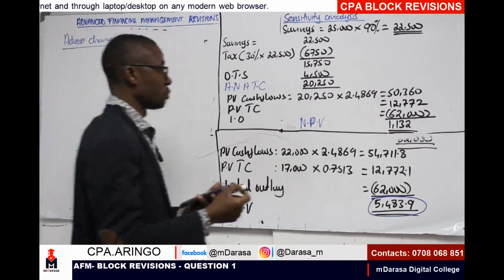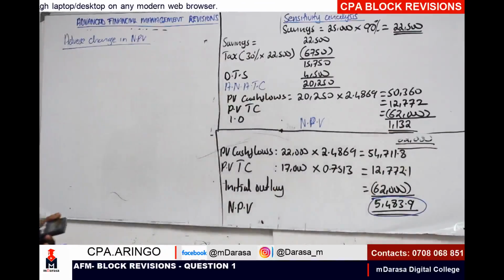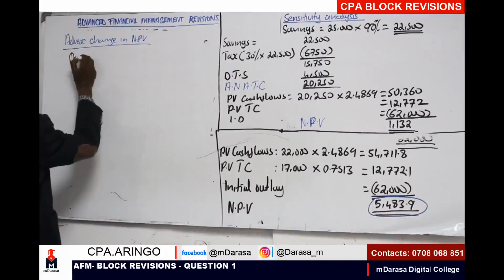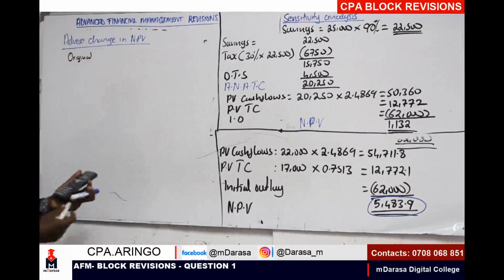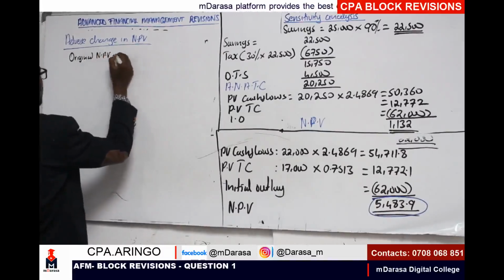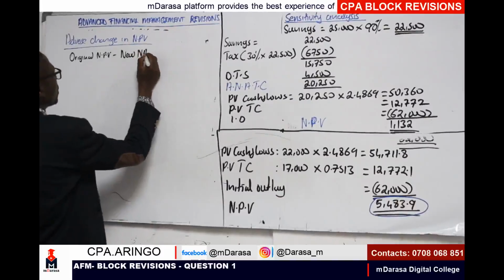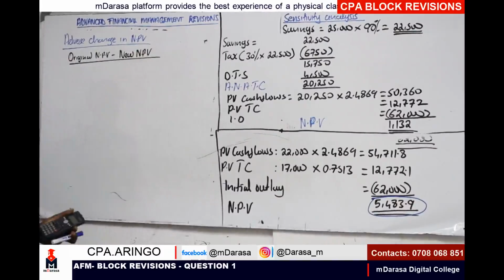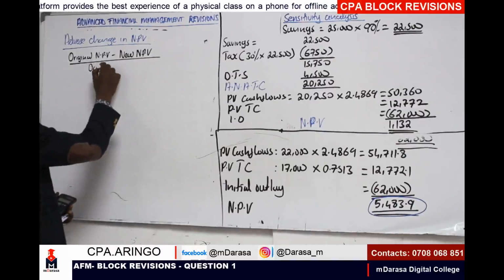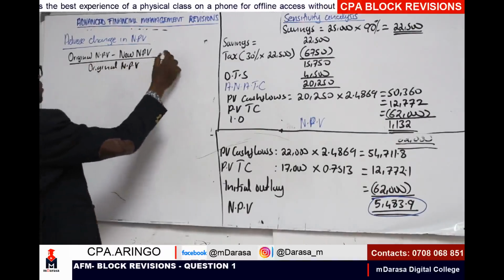So basically for the adverse change, you should be talking of our original NPV minus our new NPV, based on the original NPV, times 100.